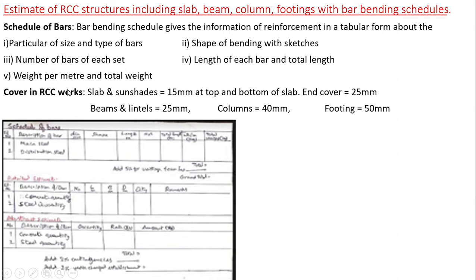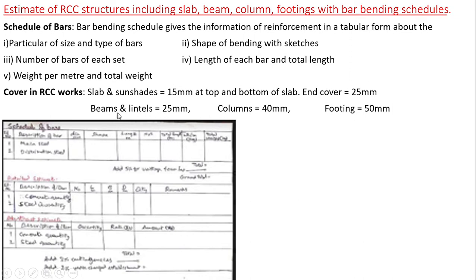Let us discuss about cover. You know, all reinforcements are embedded in concrete with a certain cover. The cover safeguards the steel against corrosion or rust. The cover for slab reinforcement is 15 mm and the end cover for slab reinforcement is equal to 25 mm.